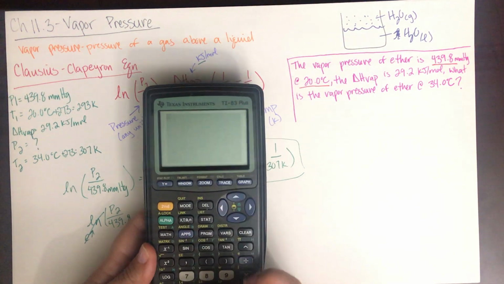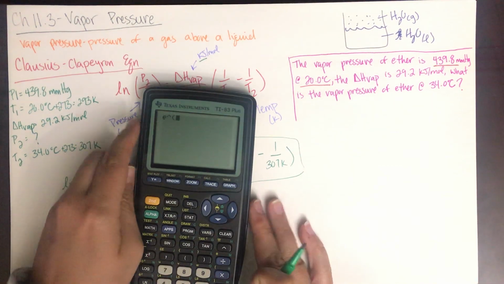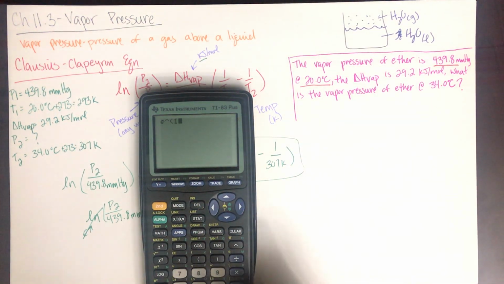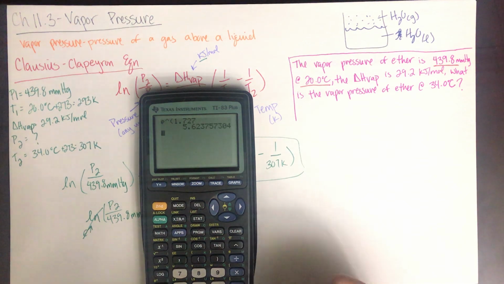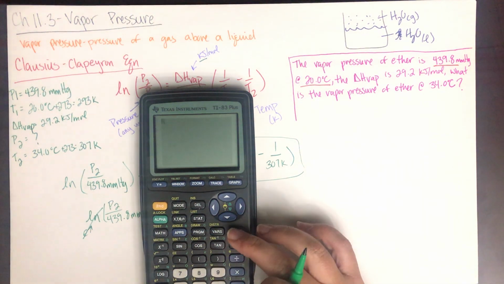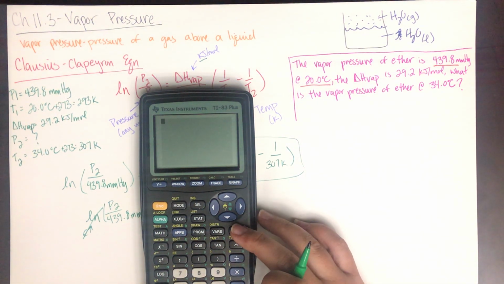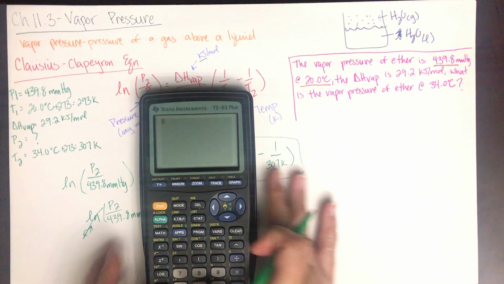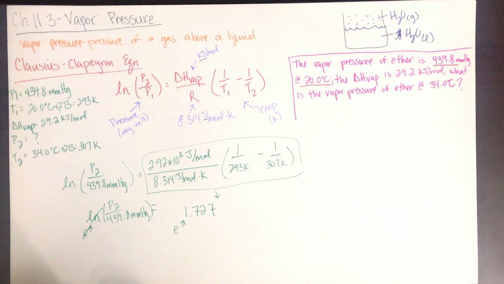So I'll say second natural log, e, 1.727.